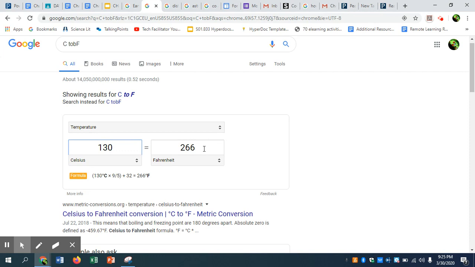Now look at the Fahrenheit, 266 degrees Fahrenheit. Now think about the boiling point of water on Earth. It is 100 degrees Celsius or 212 degrees Fahrenheit. So at its hottest, the moon is above boiling on Earth. So not very good for humans at all.